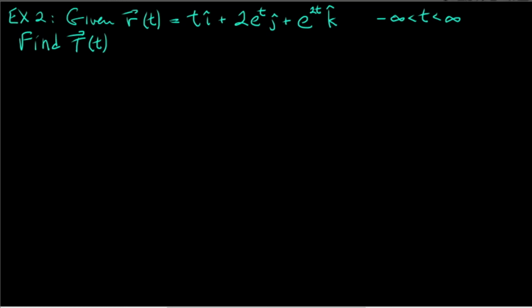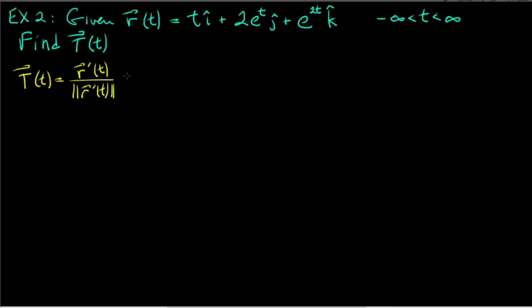Again, find the unit tangent vector, capital T. So we're going to do it the same way. Just use the definition. Capital T as a function of the parameter is just the derivative of r divided by its norm, the magnitude.